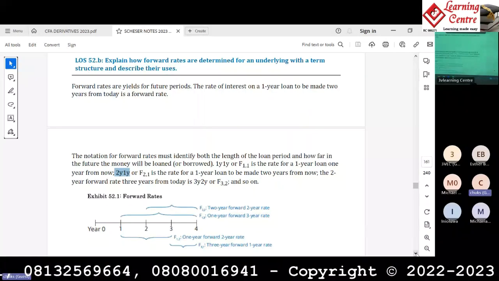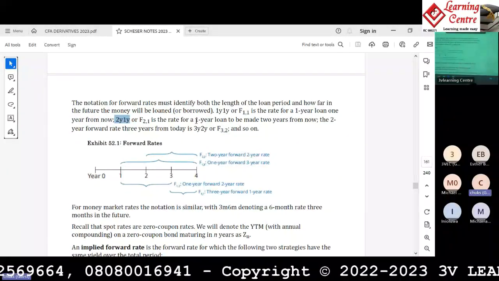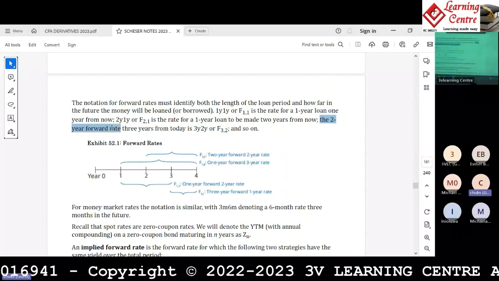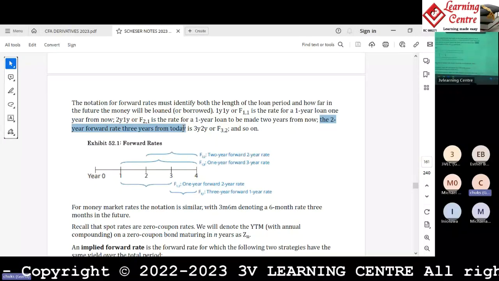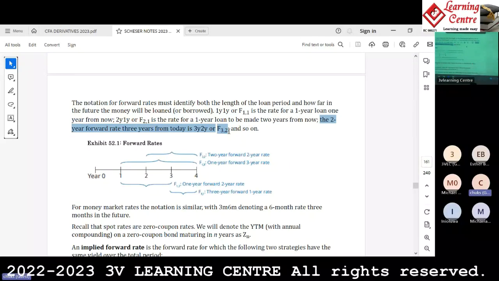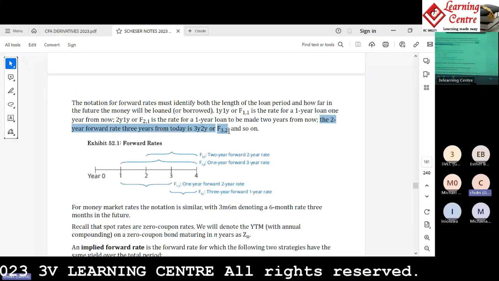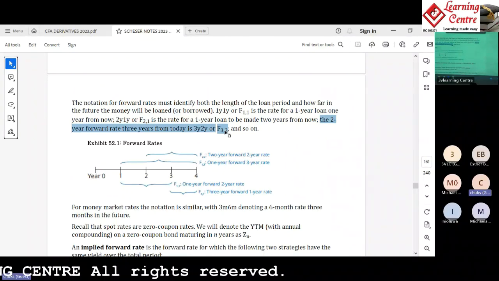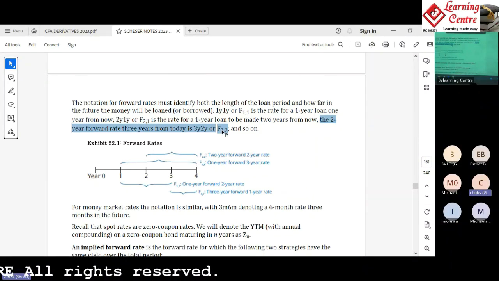So all you need to understand is this. Let me take this one: the 2-year forward rate 3 years from today. The two things you have here are the length and how far. The first number you see is how far in the future it is going to be, so this 3 is 3 years from today.